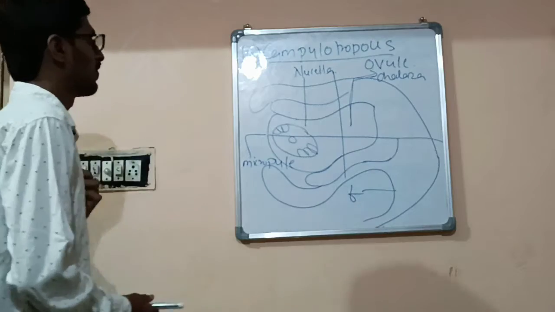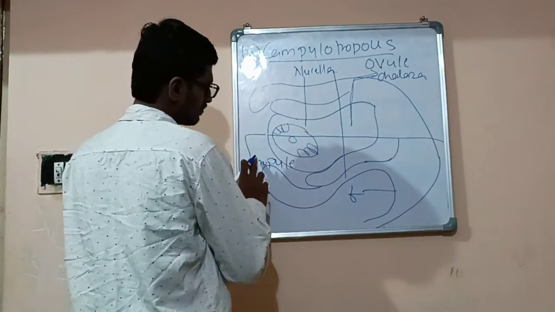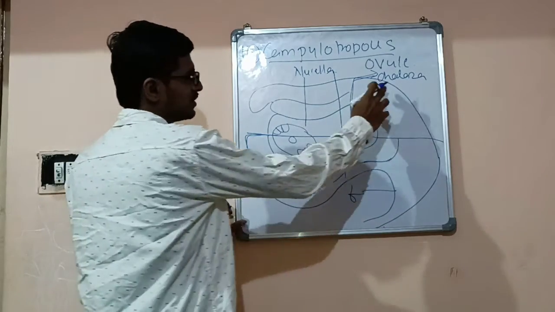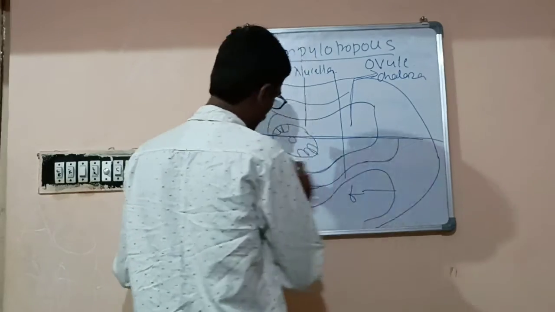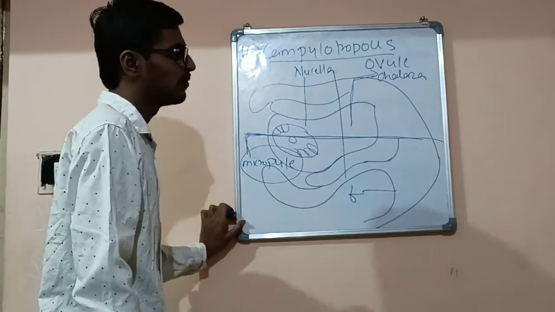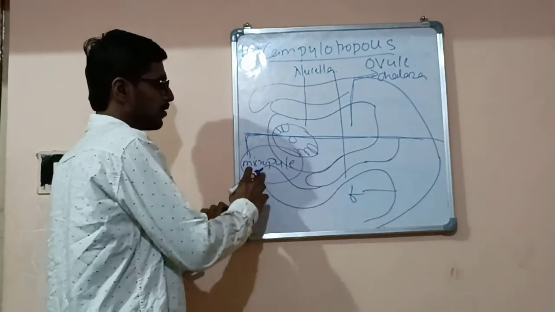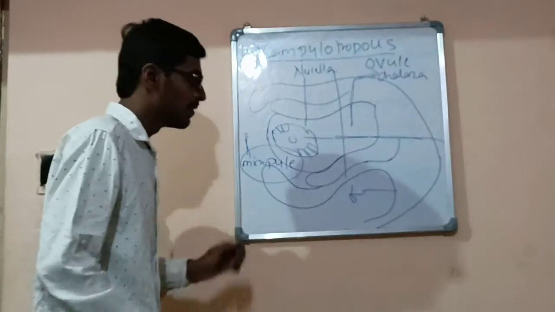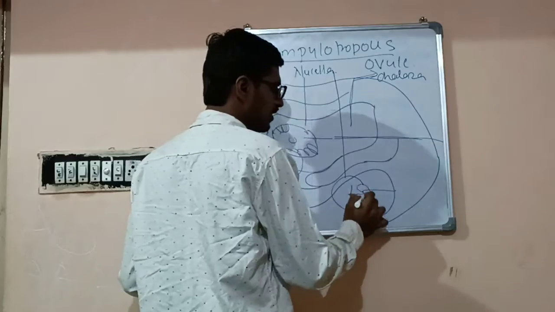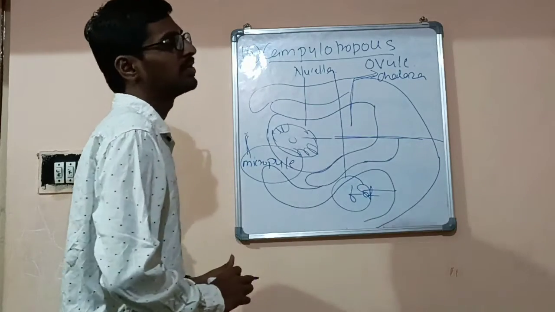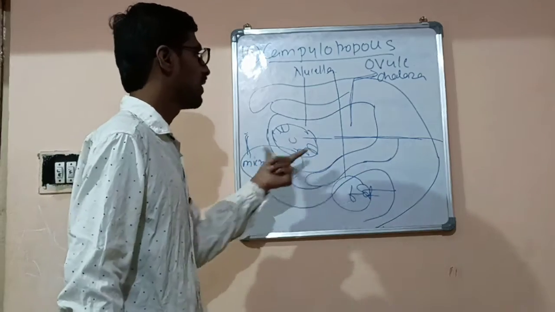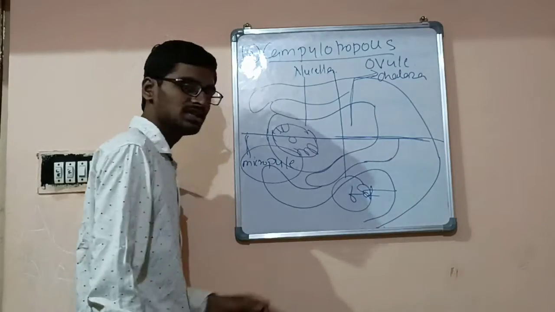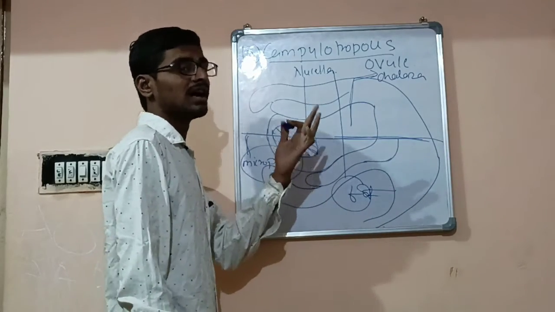Now I will give the exact position of these three. This is the micropyle, where the ovule ends and begins, and the chalaza is present on the same horizontal line as the micropyle, irrespective of the funicle. In scientific terms, the micropyle and chalaza lie on the same line, which is at right angles to the funicle.